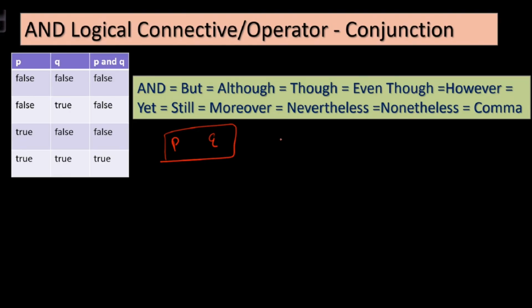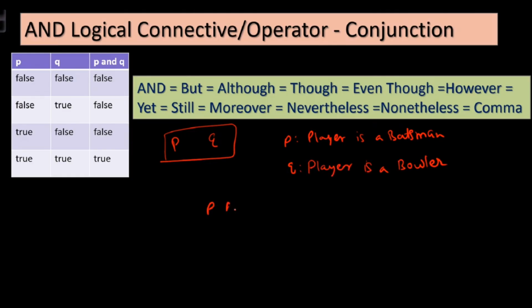For example, let's suppose I want an all-rounder in my cricket team. There are two propositions, P and Q, where P says the player is a batsman, and Q says the player is a bowler.